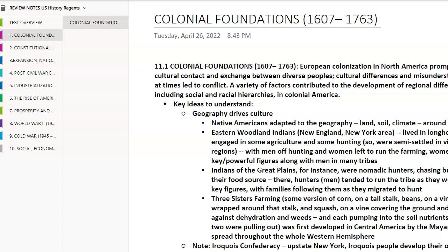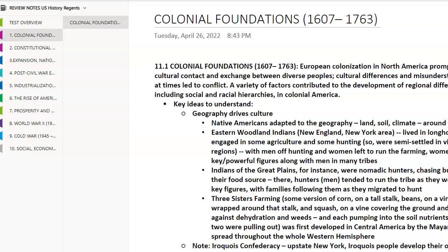If there is anything in these reviews that you look at and say, I don't remember this at all, I never heard of this, then you know there's something you need to flag and go back to your main textbook or to the blue brief review paperback book that you should have to review that material and look at it in some more detail.